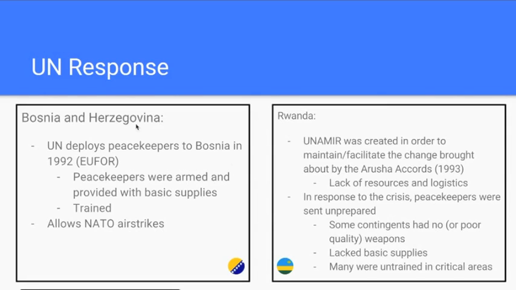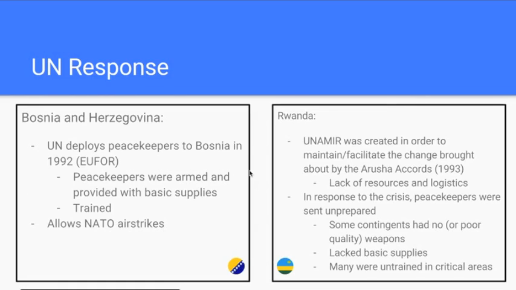Peacekeepers were deployed to Bosnia in 1992. It was spearheaded by the EU, thus the name EUFOR. Peacekeepers were armed and provided with basic supplies. They were also trained to handle this crazy, violent environment. Additionally, the UN did eventually allow NATO airstrikes, so they did allow outside aid.